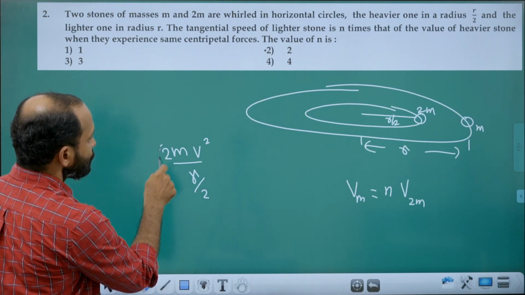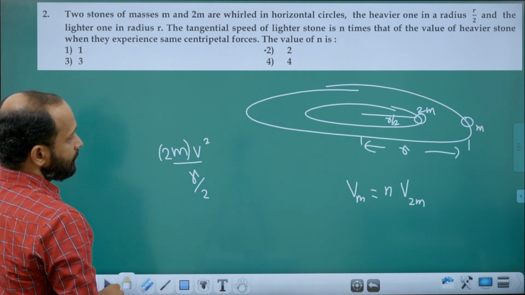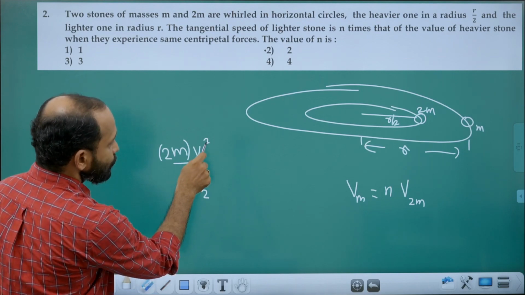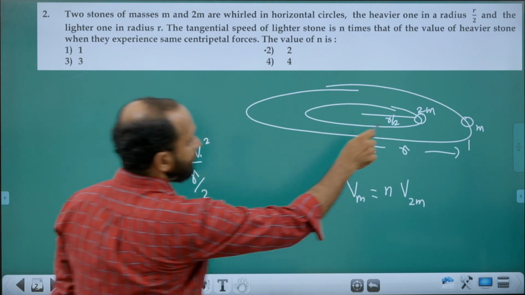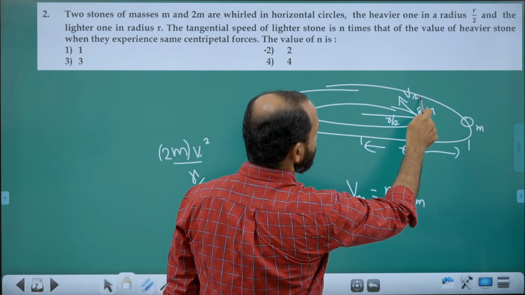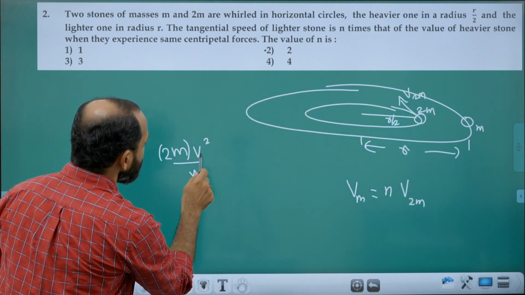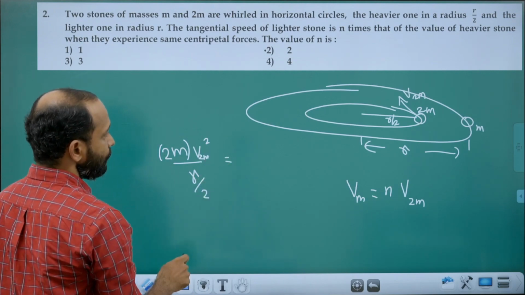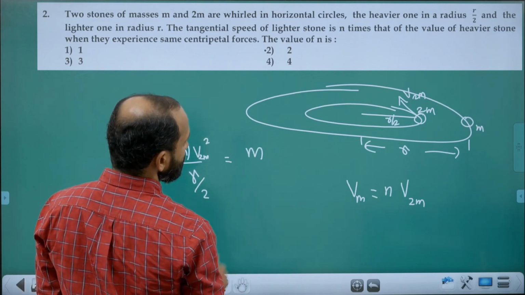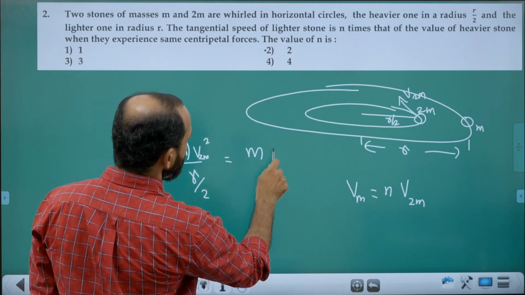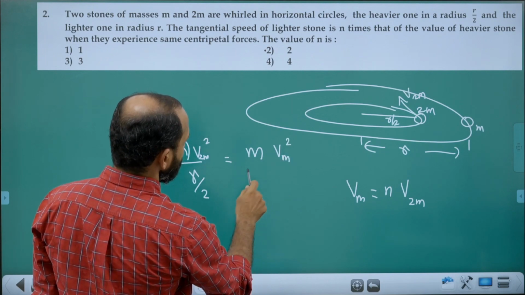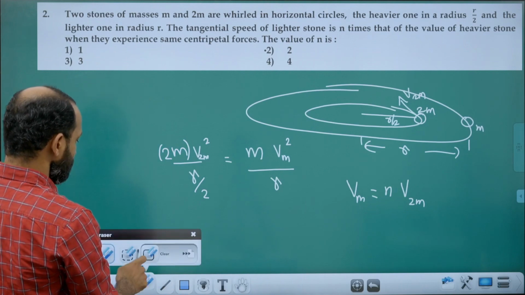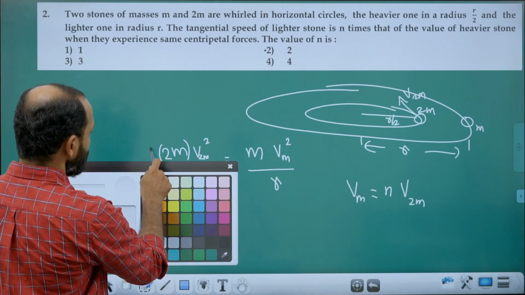So here I have used the heavier one, 2m, into v square, where v is the speed of the heavier one, that is v2m. Right? V suffix 2m square divided by r by 2, that is equal to, what about the lighter one? The lighter one is of mass m. What is the speed of the lighter one? That is Vm square divided by, what is the radius of the lighter one? It is r. So you can take this r from the denominator to the numerator.